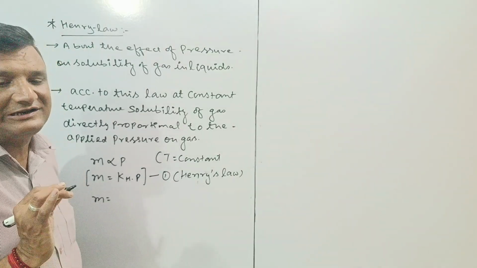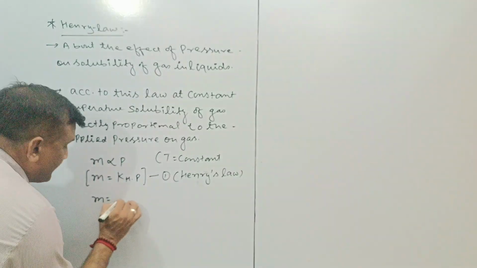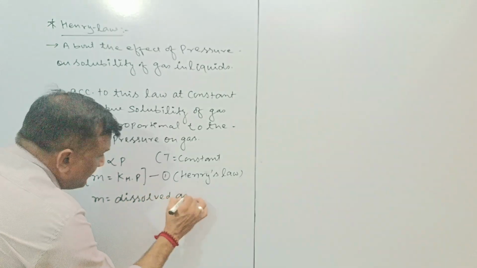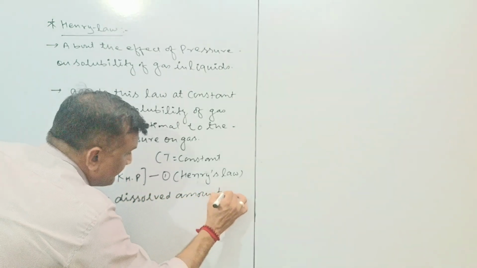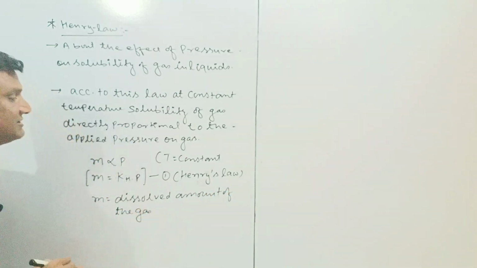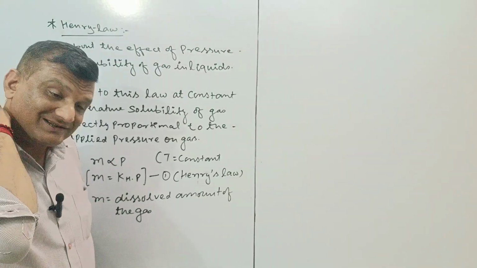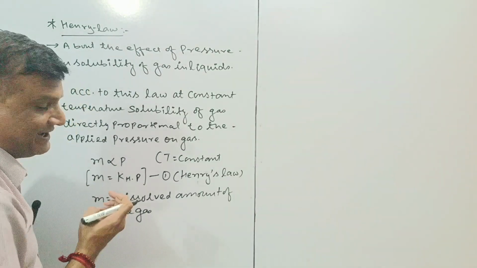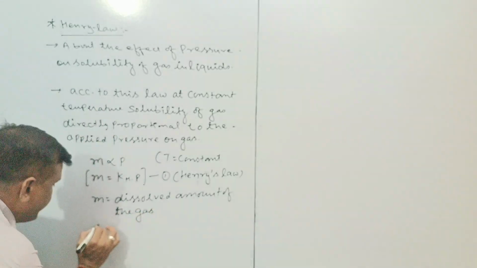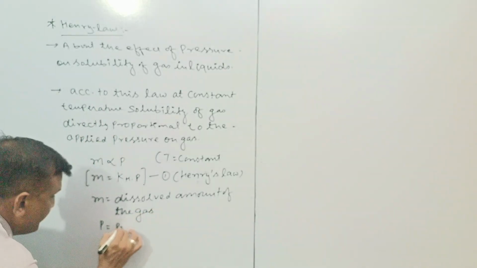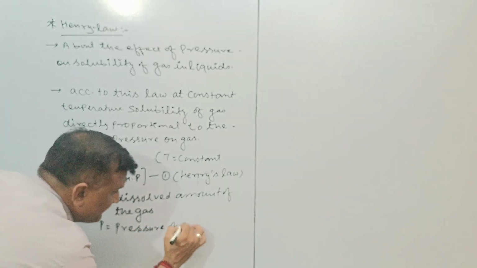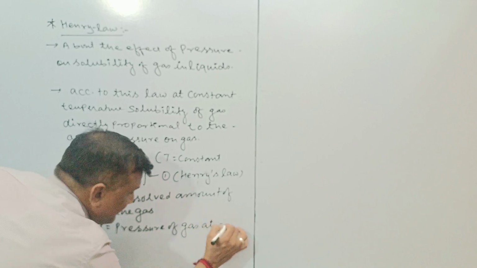M is the dissolved amount of the gas, and P is the pressure applied on the gas, thus we can say the pressure of gas at equilibrium.